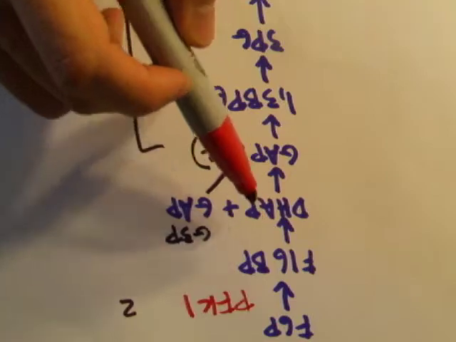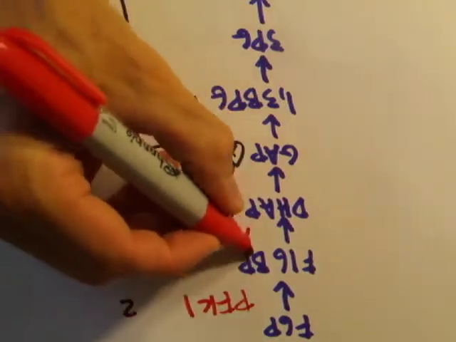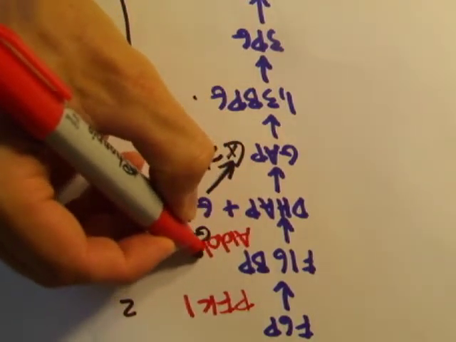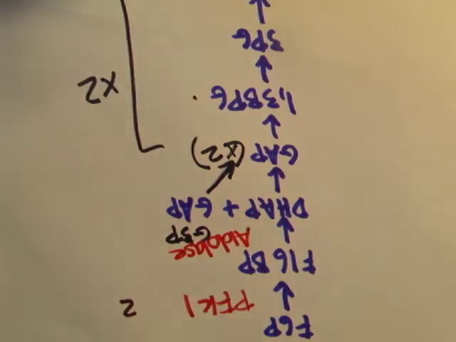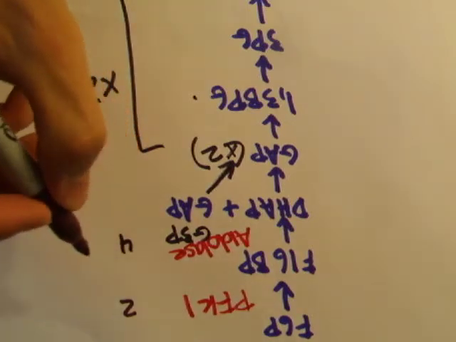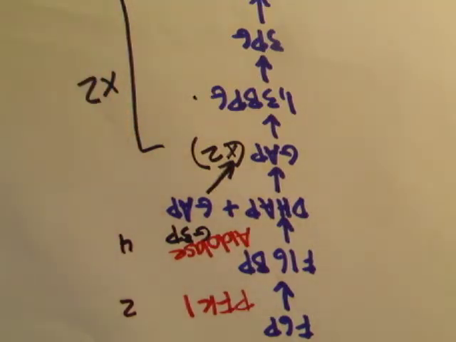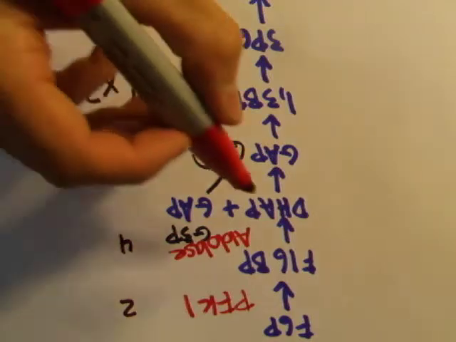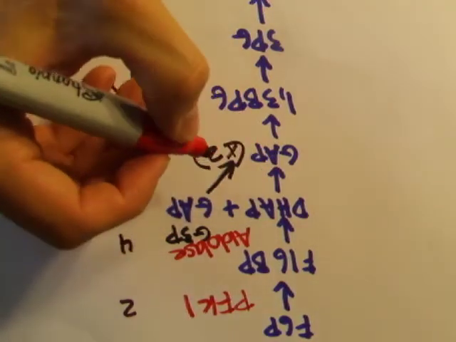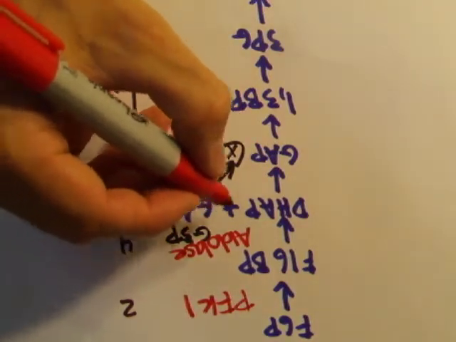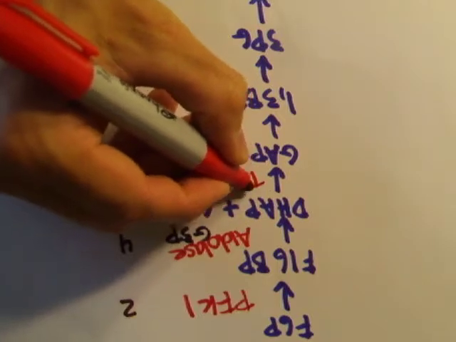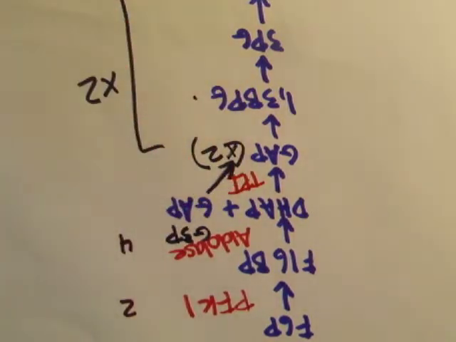Fructose 1,6-bisphosphate into DHAP is done by aldolase. Aldolase is a lyase, or enzyme class 4. DHAP into GAP is done by triose phosphate isomerase, abbreviated TPI.